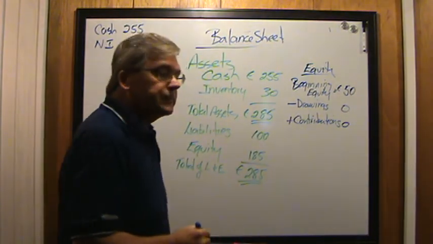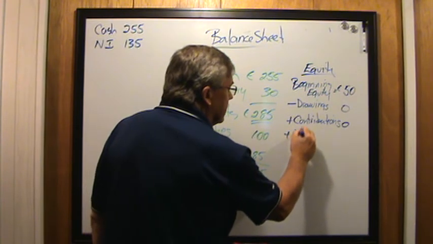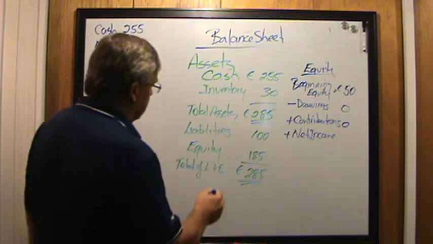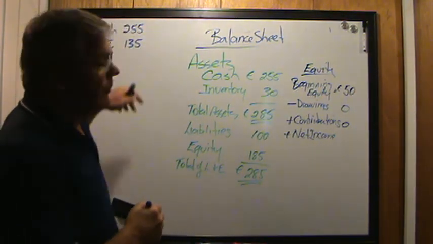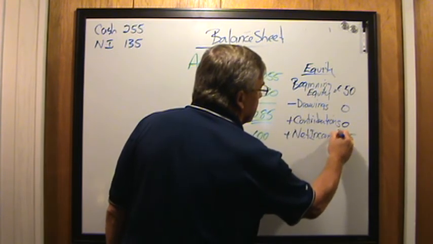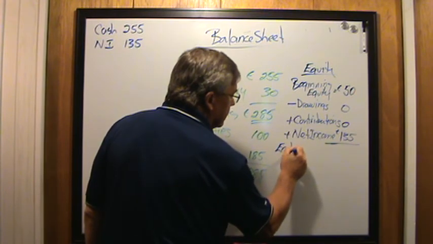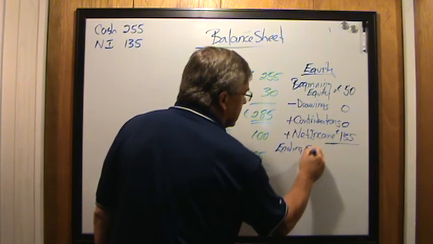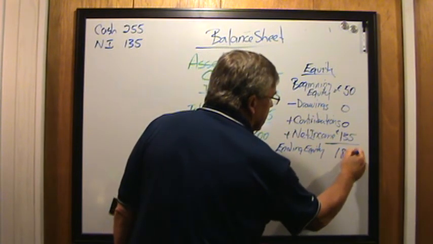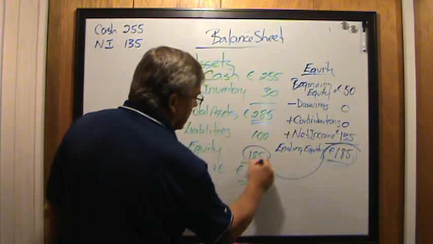And finally is net income. So you add net income. And in this case, net income was 135 euros. So 135 euros here. Add that up to get ending equity, which is what we're looking for. And you'll notice that this is 185 euros, exactly the same as this.